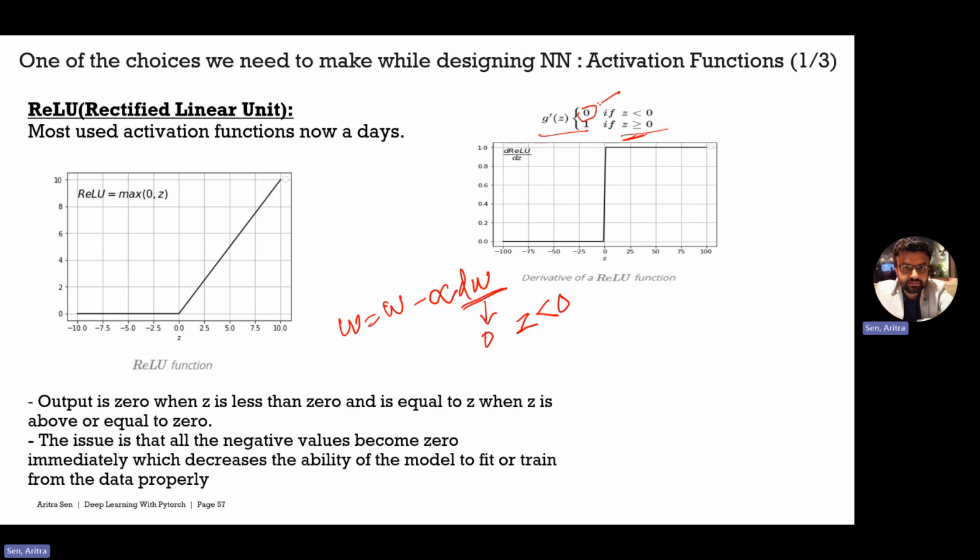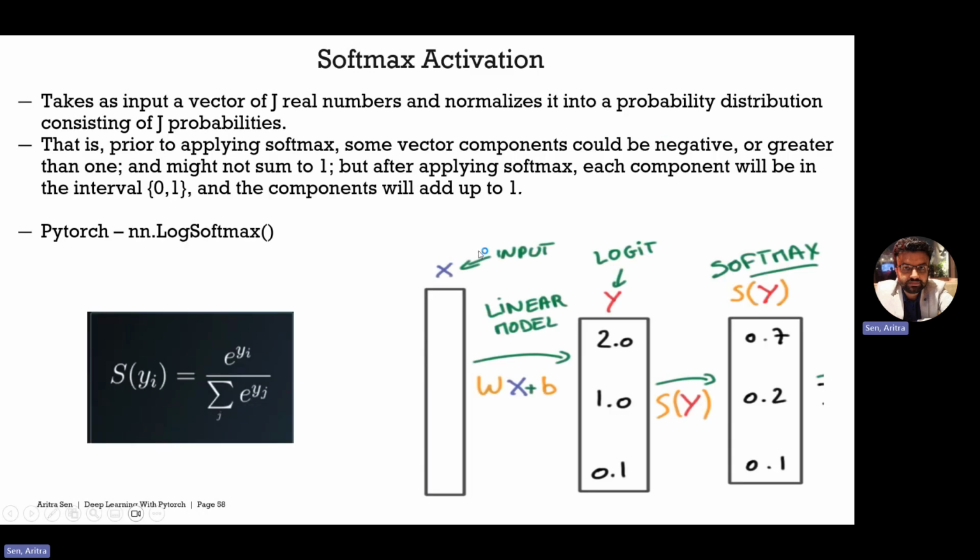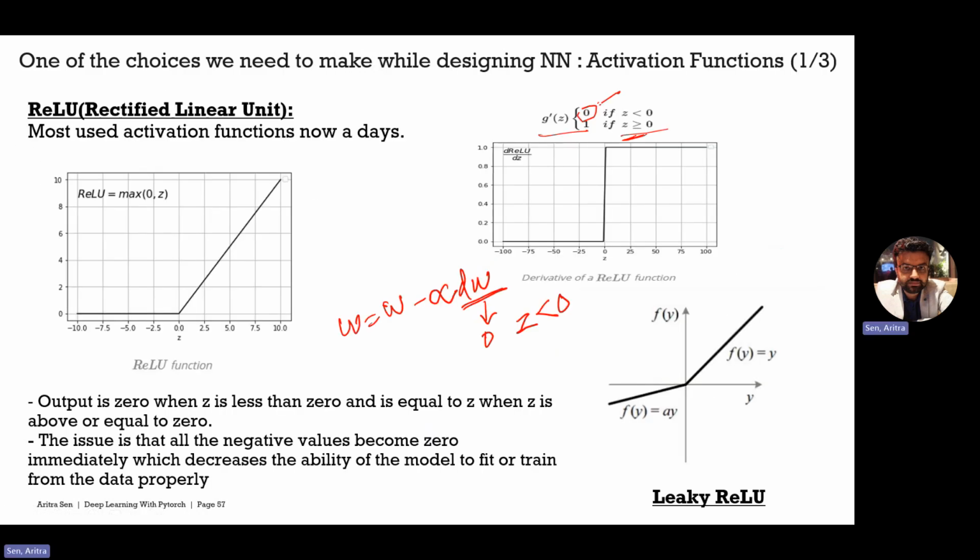To tackle that, we use a different variation of this activation function, which is leaky ReLU. So for the values of z when z is negative, we multiply z with a hyperparameter which we call a, and it gives a small slope here, which will cause your derivatives to not become 0 when z is less than 0, right?